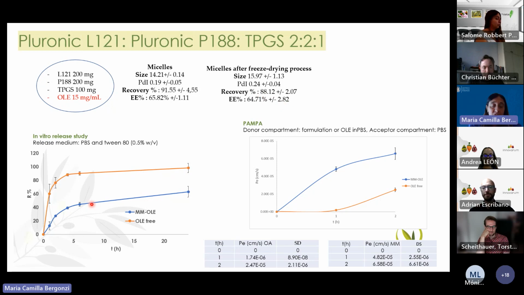We performed the in vitro release study in PBS. We obtain a prolonged release of the extract from the micelles, and in the case of a PAMPA experiment, we obtain a very good increase over time of the permeability of the OLEAF4VALUE extract.